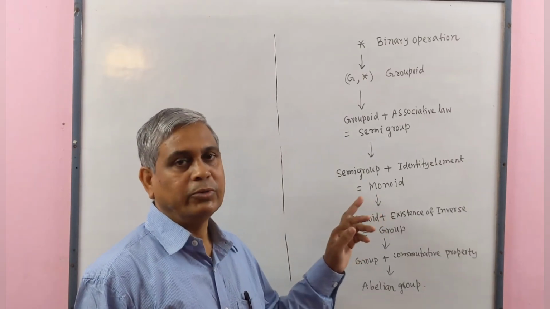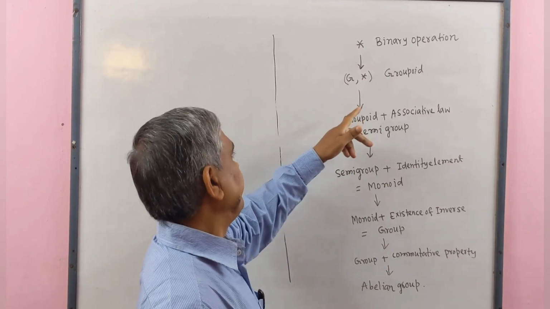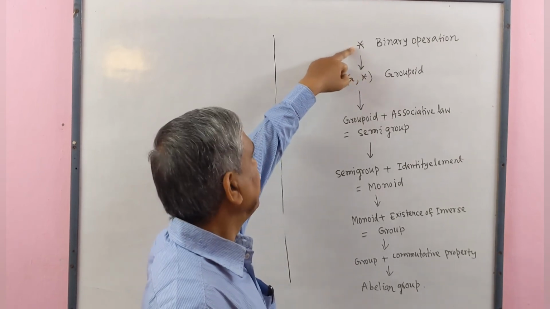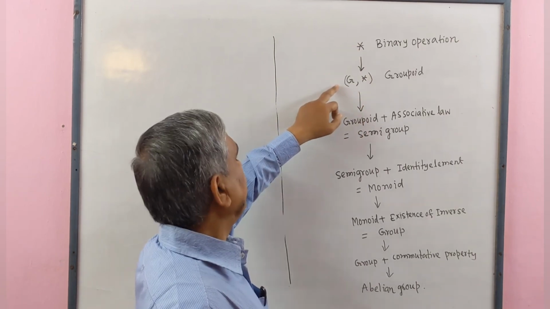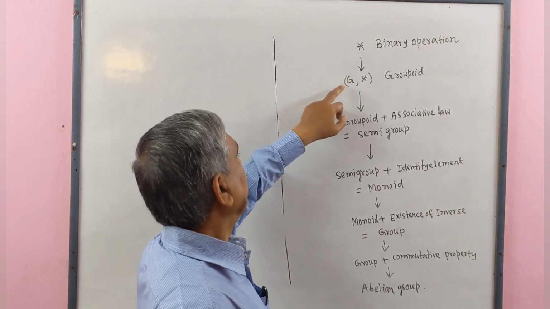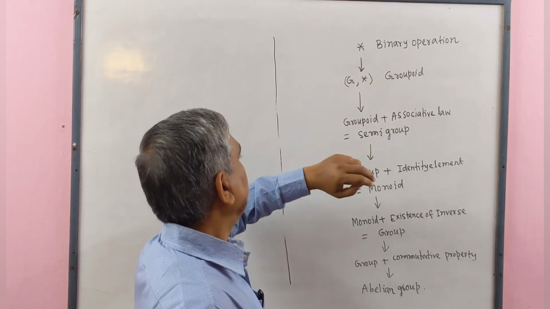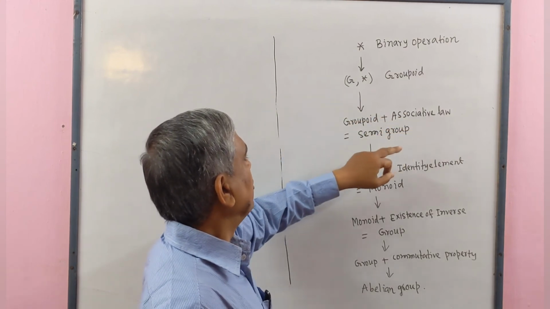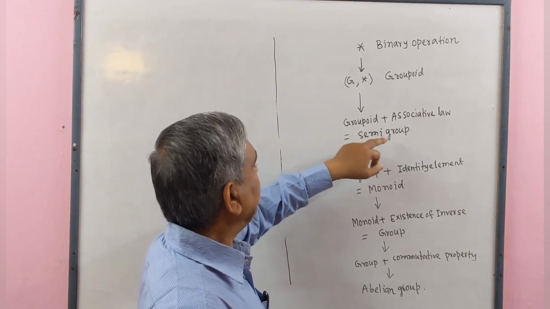Now we want to tell the story in a short form. Firstly, we get the concept of binary operation, and if G is a non-empty set, then the simplest algebraic structure G with binary operation is called groupoid. Then groupoid plus associative law makes an algebraic structure that is semigroup.